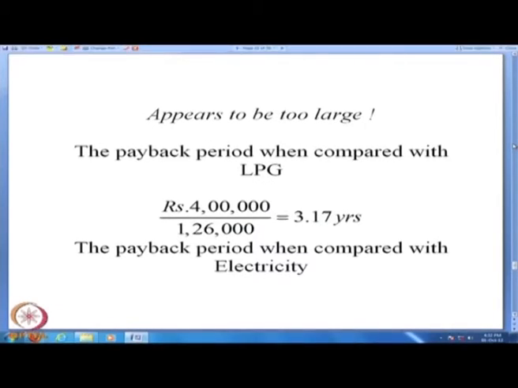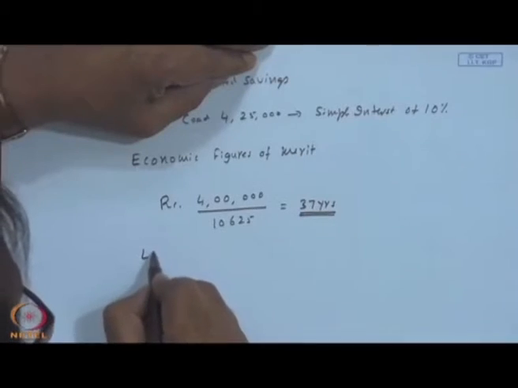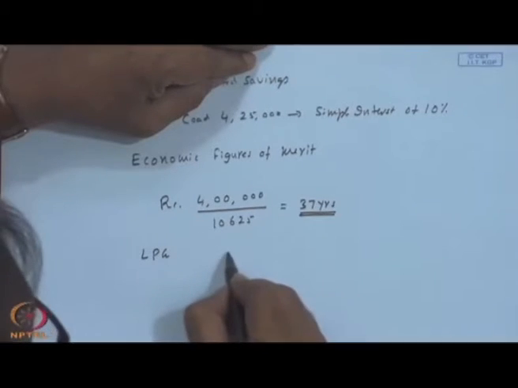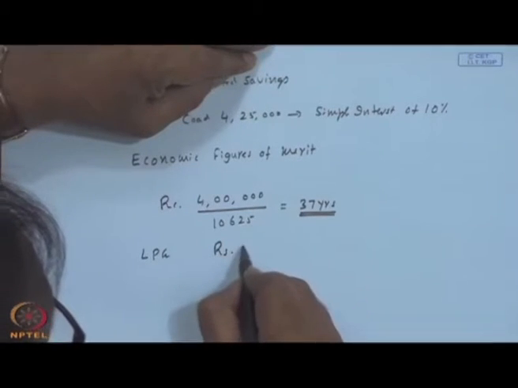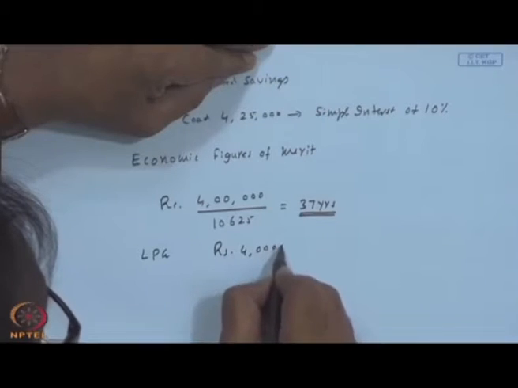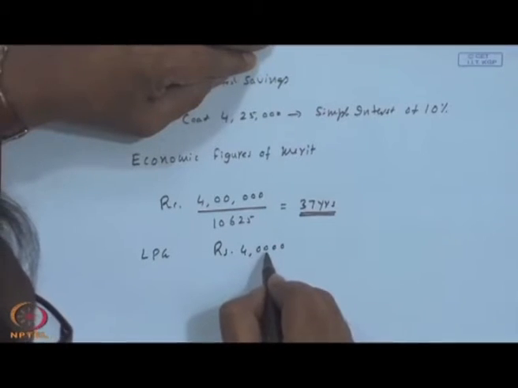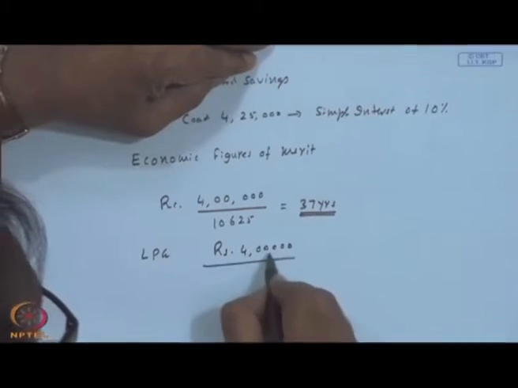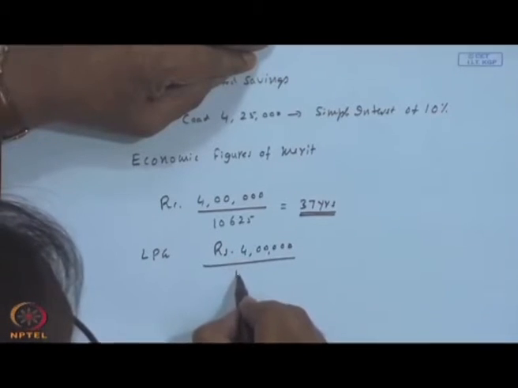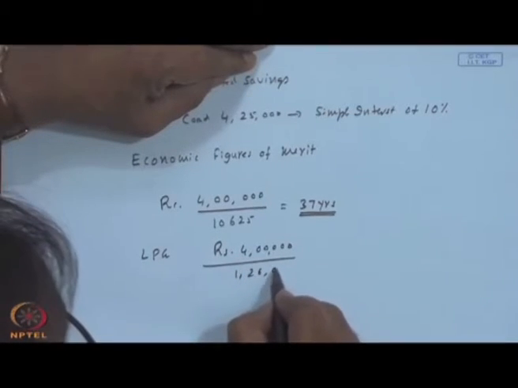It appears to be too large, it is surprising. I will check myself once again. You can also do the same thing including the prices. Then if it is LPG, this is Rs 4 lakhs by 1,26,000.